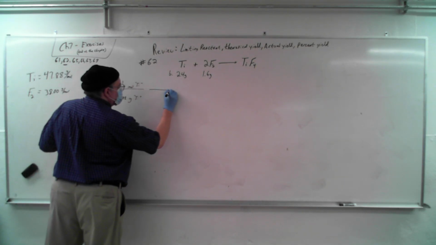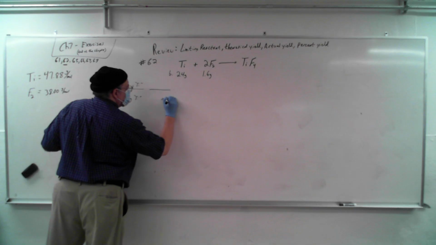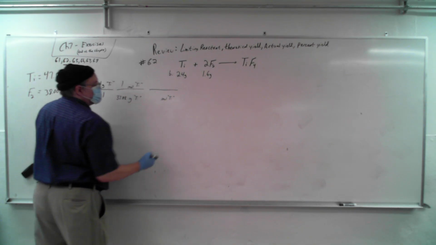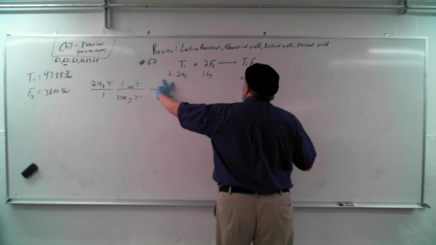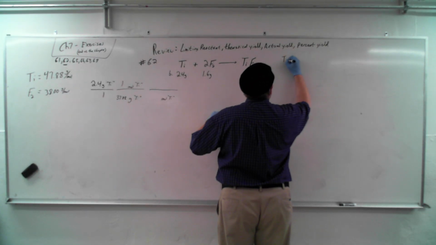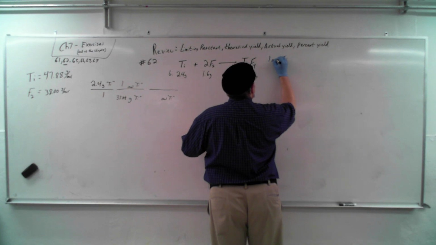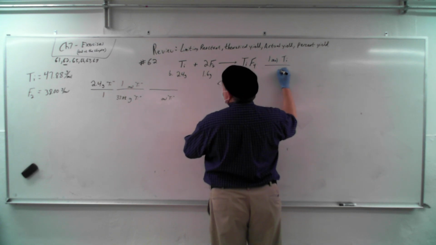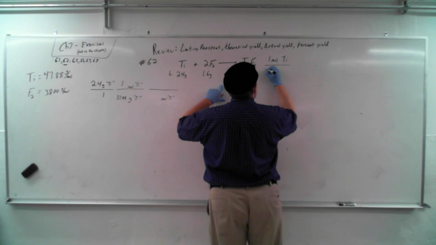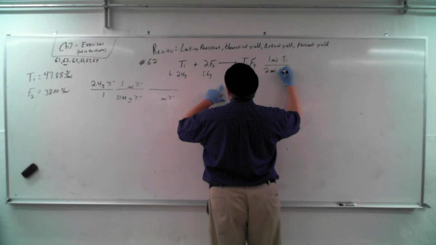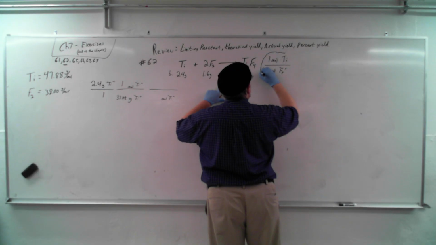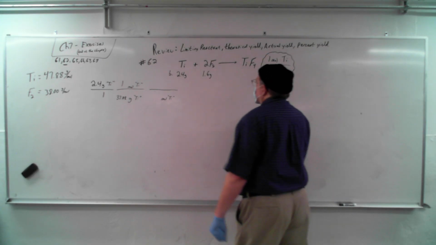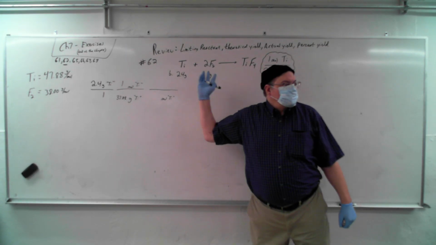Next, you need moles of Ti on the bottom. This term that I'm putting together right here is this one. 1 mole of Ti to 2. That's the molar relationship of the reactants.